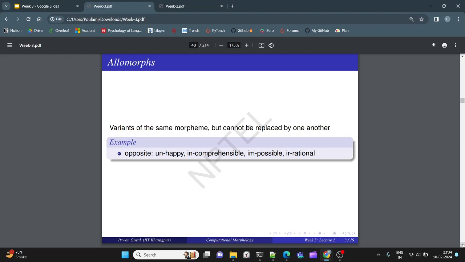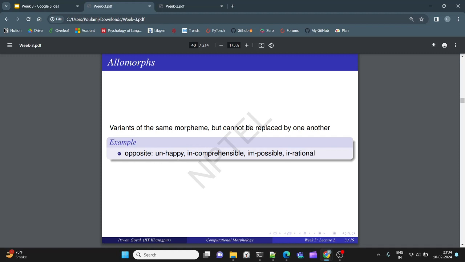So what are allomorphs? Allomorphs are variants of the same morpheme, but they cannot be replaced by one another. Here in unhappy, un carries the meaning of opposite. Incomprehensible, here again the prefix in carries a similar meaning. Same for impossible, irrational.